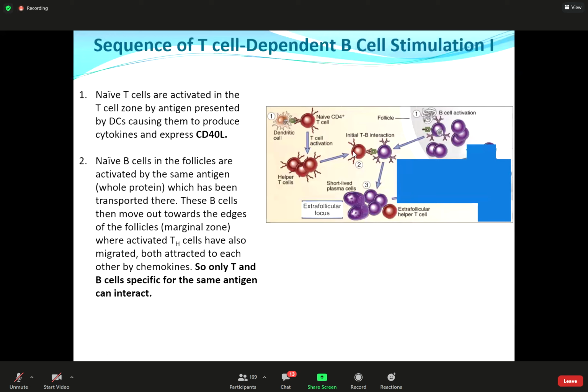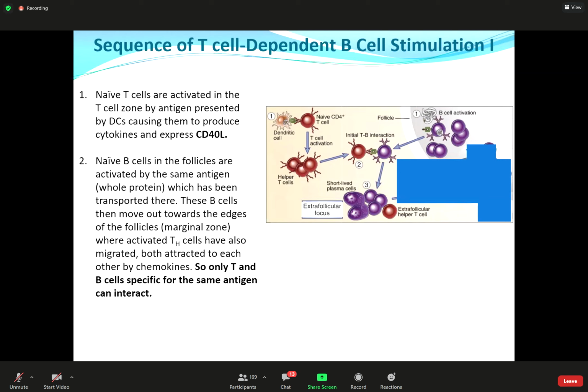As a result of this interaction, the T cell gets activated, provides signals to the B cell to proliferate into these plasma cells. These plasma cells are relatively short-lived, but they undergo this massive proliferation.